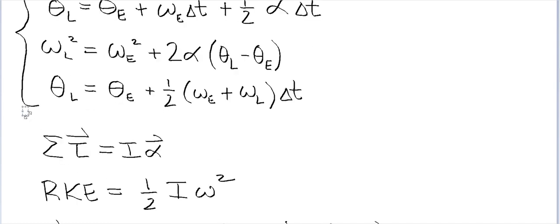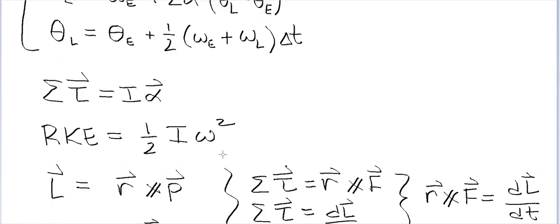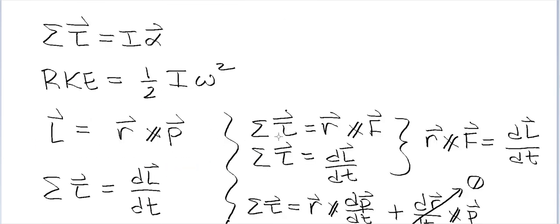We also have this thing that looks a lot like Newton's second law, right? In fact, we have seen previously where this comes from, but which is Newton's second law. We can say that the sum of the torques is equal to the moment of inertia times the angular acceleration. We could describe the rotational kinetic energy as half I omega squared.